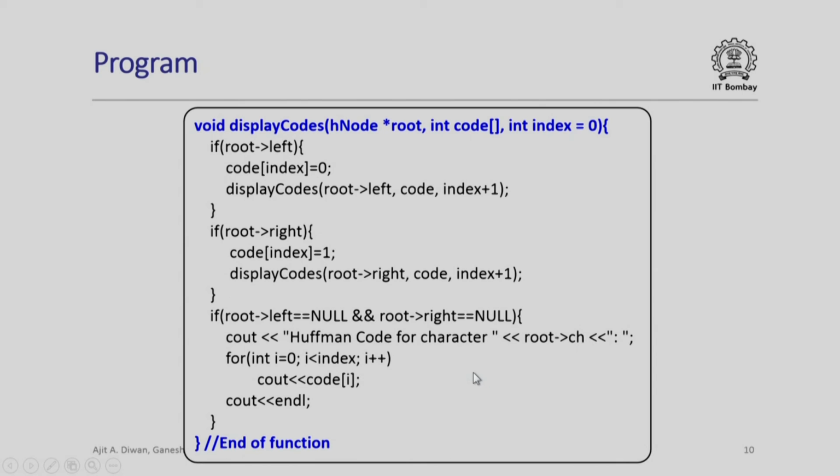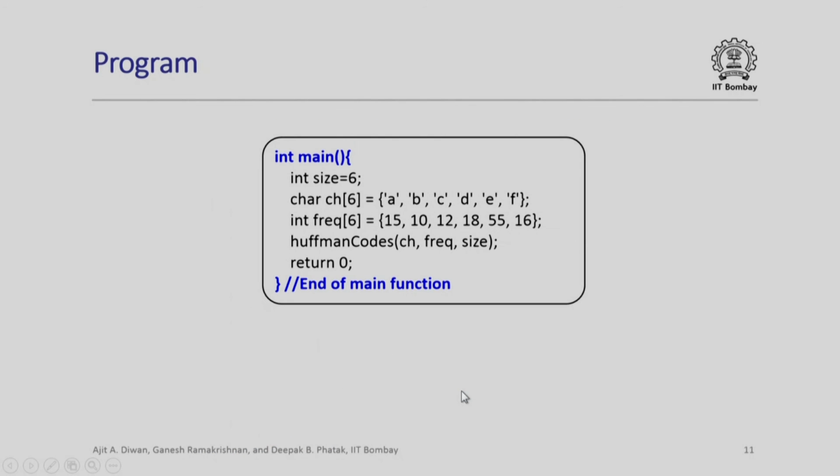So, it is an extremely simple and straightforward way of traversing this priority queue to determine the code for individual characters. The main program is very simple. Since we are looking at this example where we had only 6 characters, we initialize size to 6.